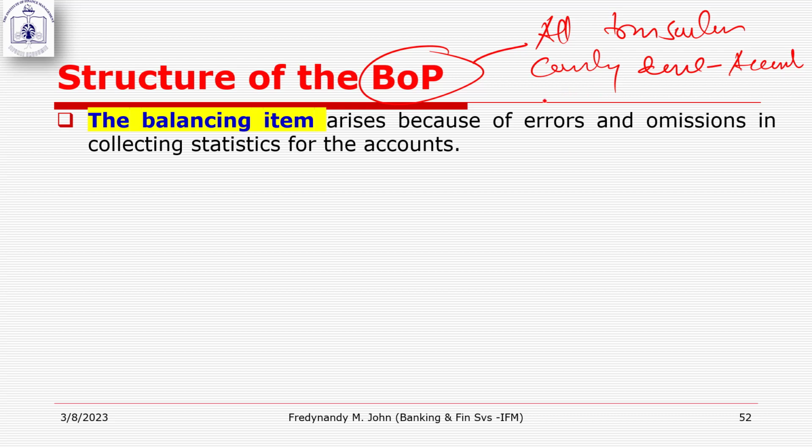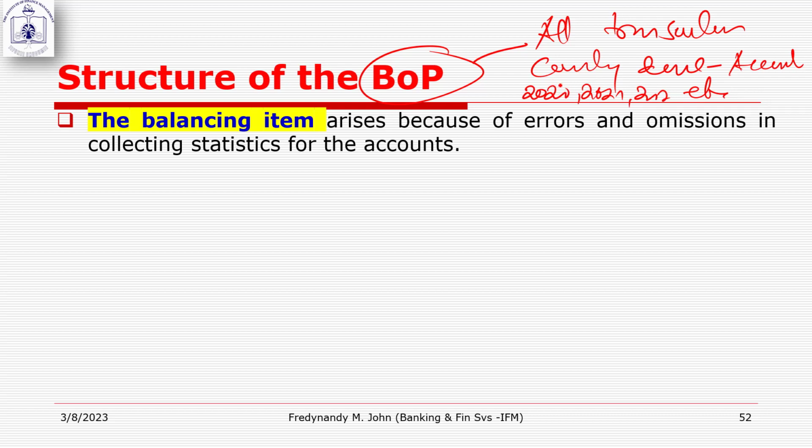That's the reason we have a balance of payment for every single year, like for instance, 2020, 2021, 2022, etc.